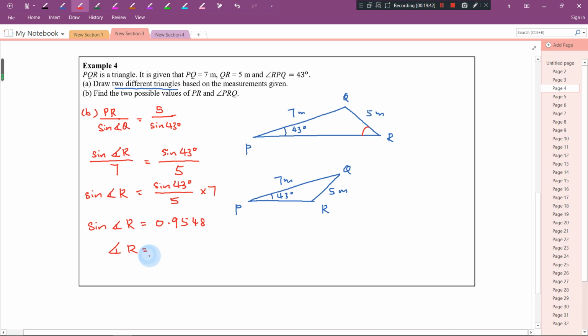So angle R will be equal to shift sine. Remember to press the shift then press sine. You will be able to see this one, 0.9548. So the angle is 72 degrees 42 minutes.